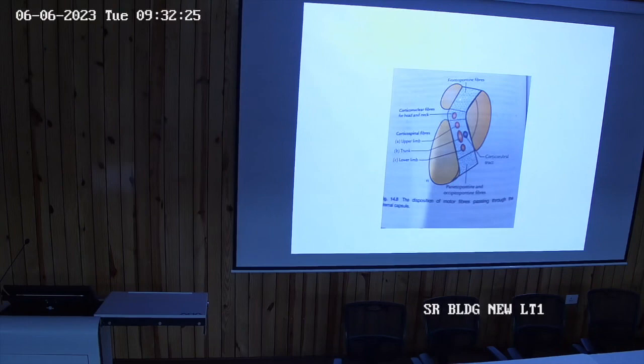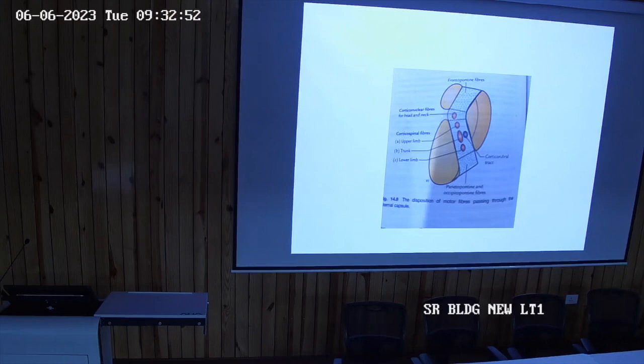The anterior limb of the internal capsule is mostly filled with the frontopontine fibers, coming from the frontal lobe of the cerebral cortex and relaying to the same side pontine nuclei. Below that, the temporopontine and like that. But more important, see the genu part. In the genu part, the corticonuclear fibers are present.